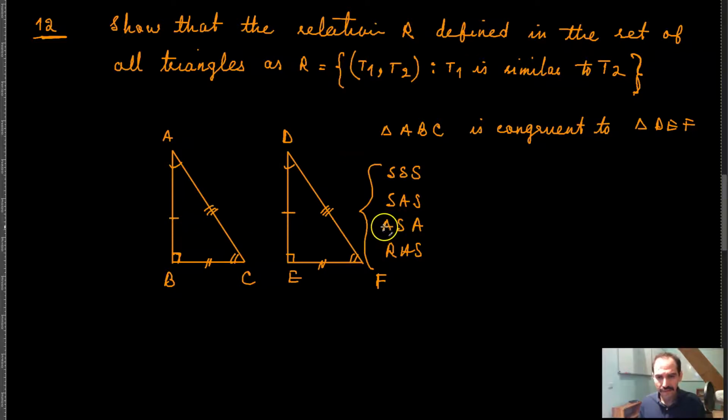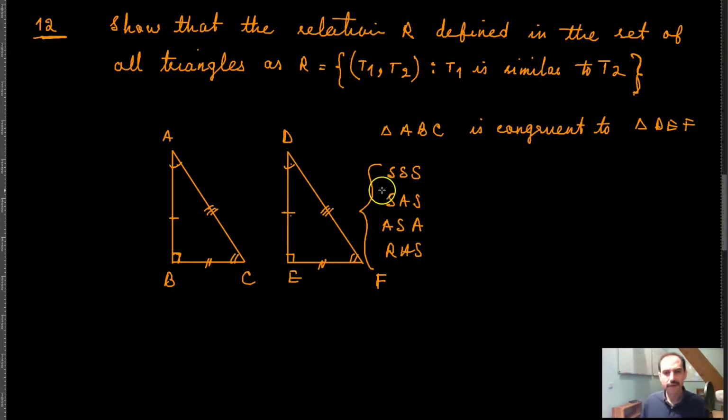If you have angle side angle, meaning this angle equal to this angle, and this side equal to this side, then the two triangles are going to be congruent, meaning that automatically this side will be equal to this side, and this angle will be equal to this angle, and that is ASA, angle side angle. You can see that this side has to be between the two angles, right? So this side is between the two angles.